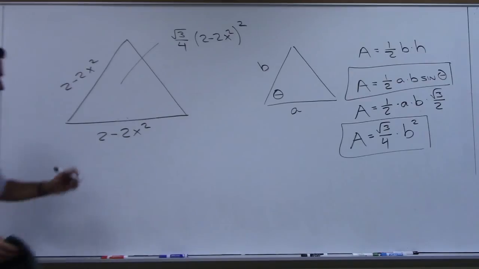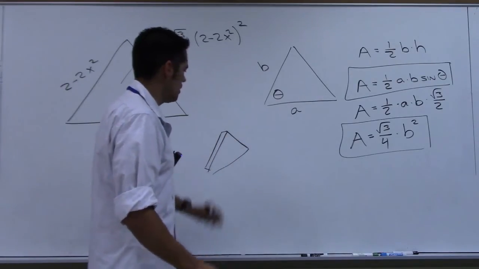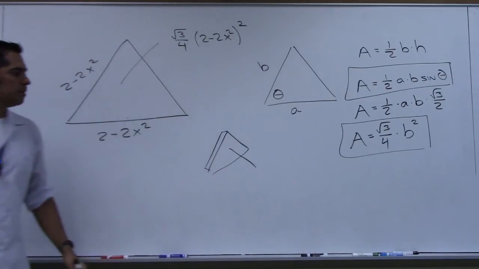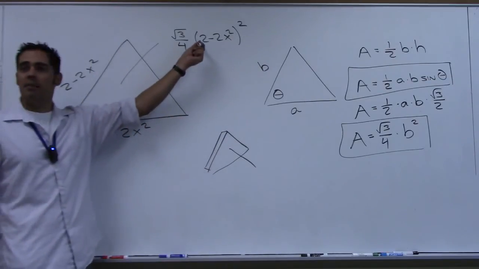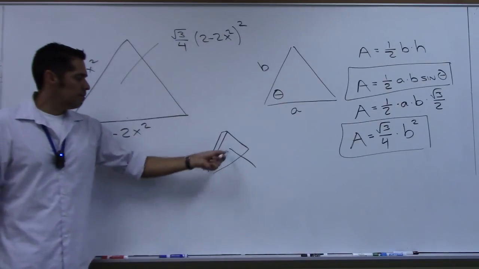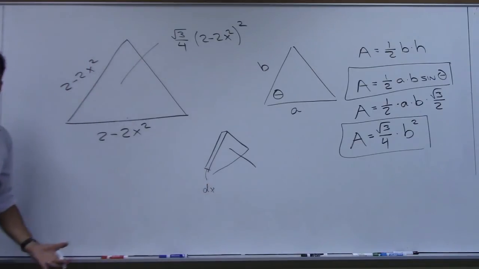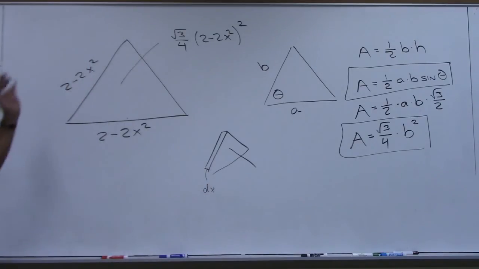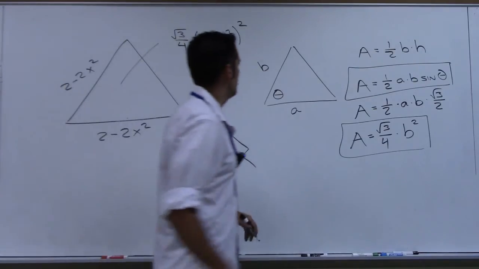So back to that little slab. What's the volume of that thing going to be? That times dx. We just need to throw that little width in there, dx. So we want to integrate from negative 1 to 1, that with a dx tacked on, and we're there.